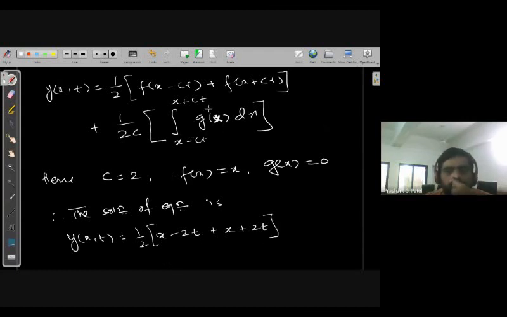And this g function is 0, so this integration will be 0. So this term will not be there, and if you simplify this, you will have x. That means if your initial position is x, then at every time it will stay at x.